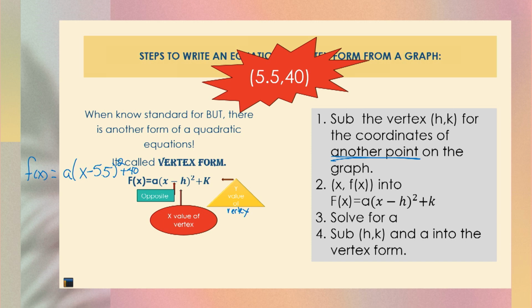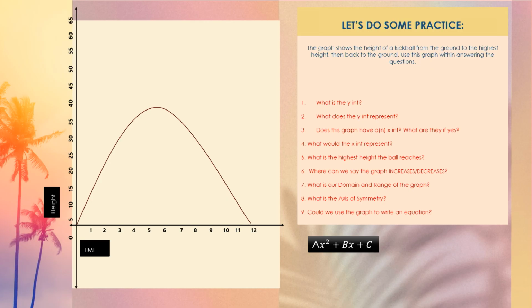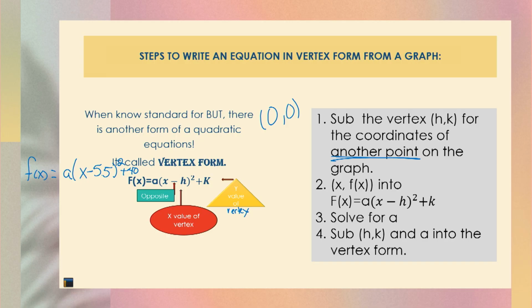The point I'm going to use is my y-intercept. And what did we say that my y-intercept was? 0, 0. If we need to, we can flip back to that other piece of paper and we see right here, it's 0, 0. All right, so let's flip back to our paper.